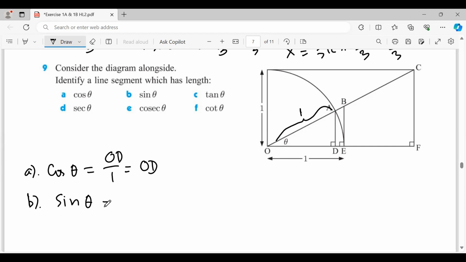equals OD. If sine is AD over 1. Sine theta. Sine theta is AD over 1 equals AD. See? Tangent theta.